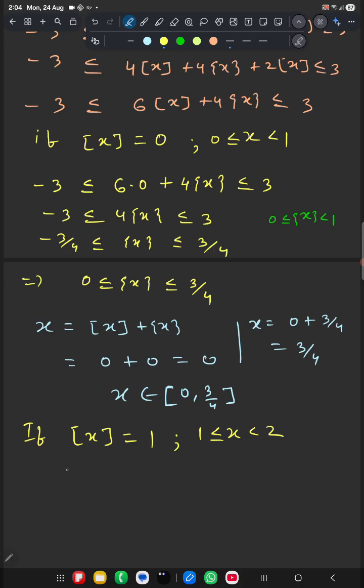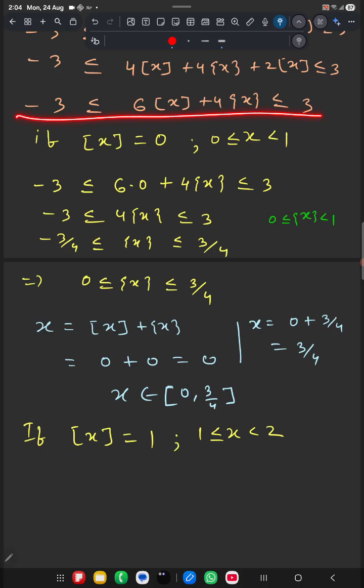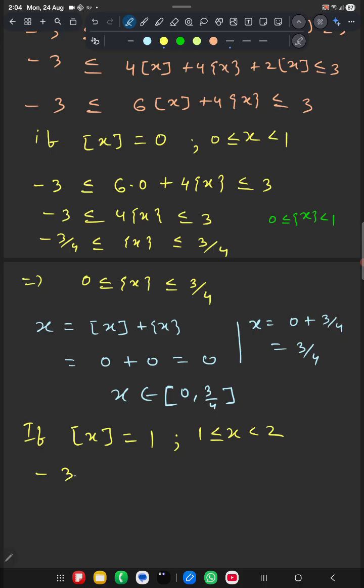Now, in this case, let us discuss the same inequality we have got. -3 ≤ 6 × 1 + 4{x} ≤ 3. So 6 × 1 is 6, plus 4{x} ≤ 3.